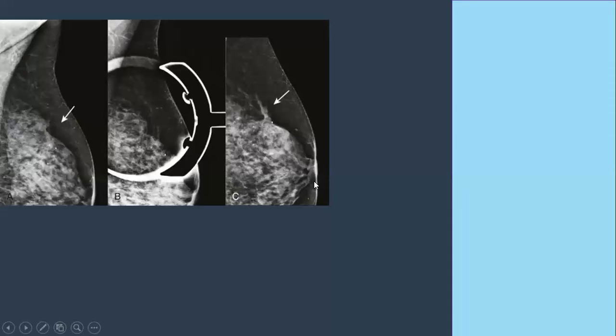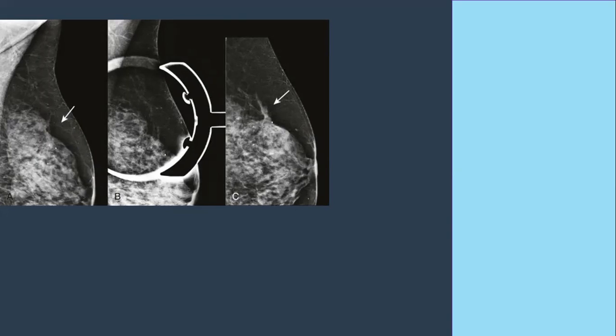It looks like a straight lateral, probably a 90-degree lateral ML view, demonstrating more distortion. But I don't see the CC view. Most likely it is a single-view distortion, not seen in the other standard view.